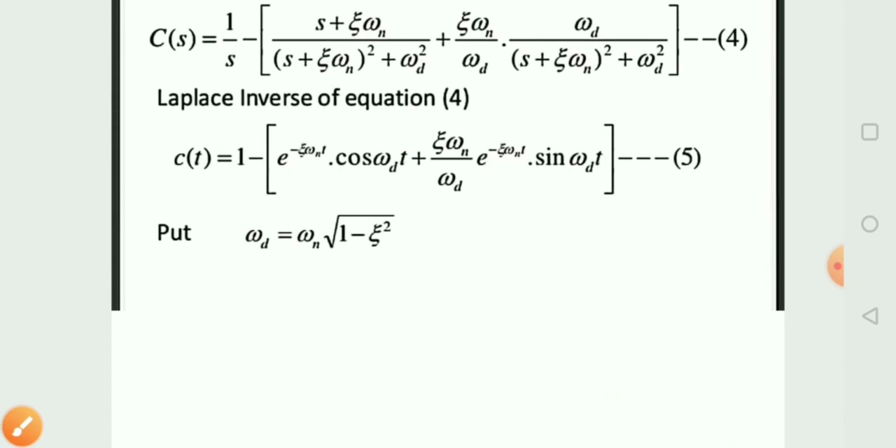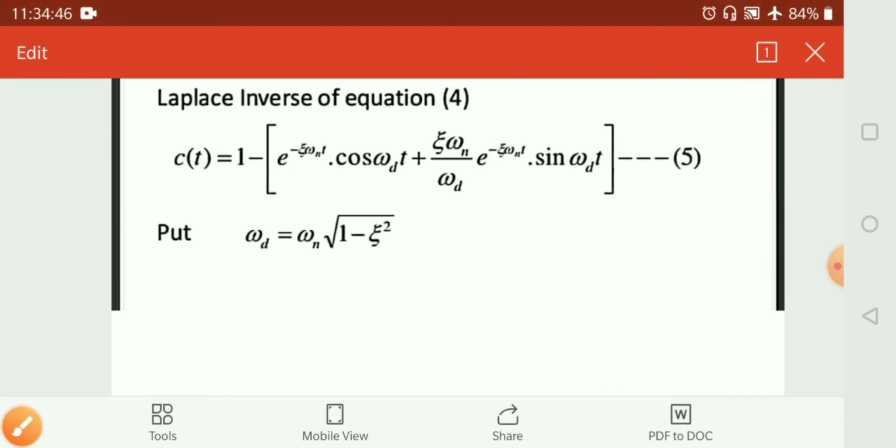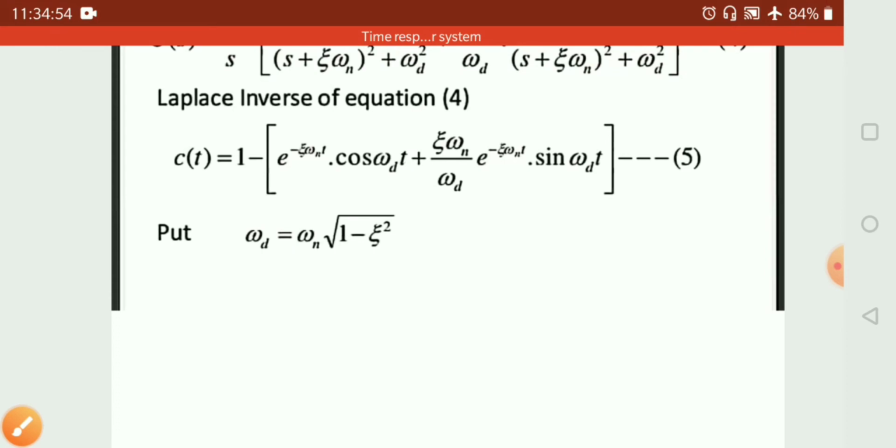So if we put this value, we get e to the power −ζωn t into sin ωd t.